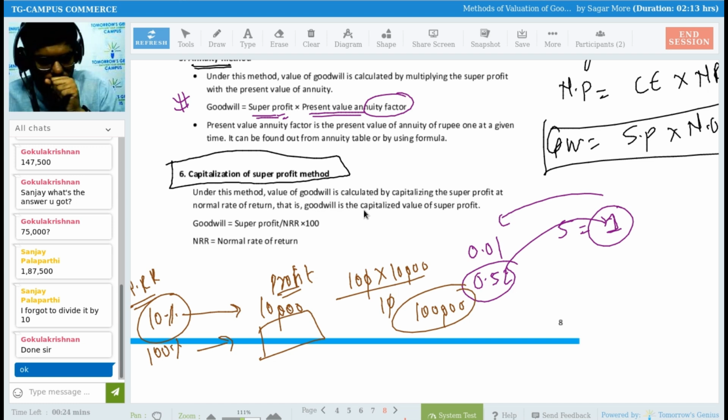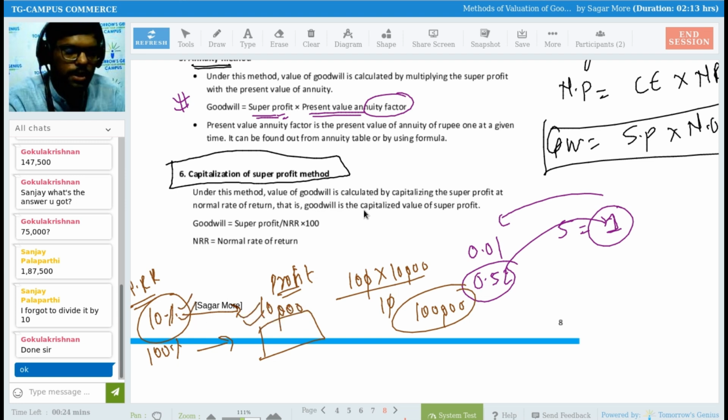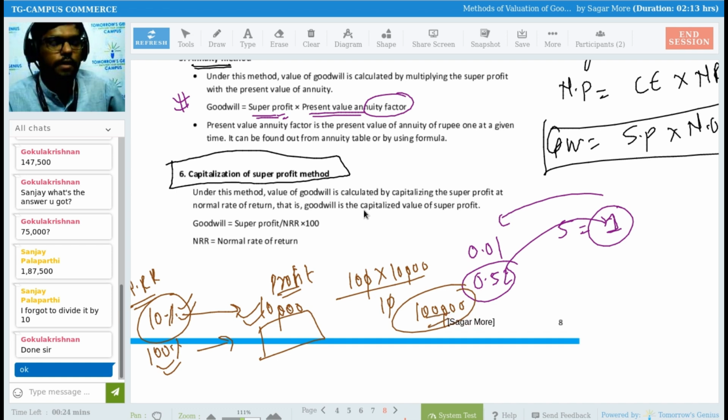Once again, at present you are earning 10,000 rupees of profit at a normal rate of return of 10%. What will be the profit at 100%? By cross multiplication you get 1 lakh rupees. Finding this 1 lakh rupees of profit at 100% capacity is known as goodwill by the capitalization of super profit method.